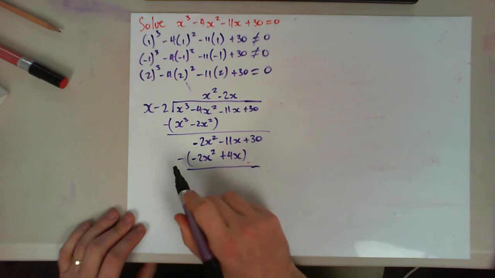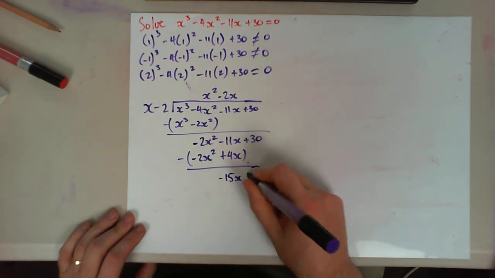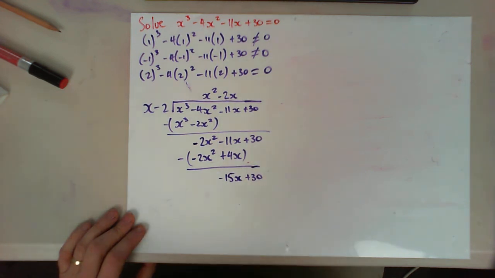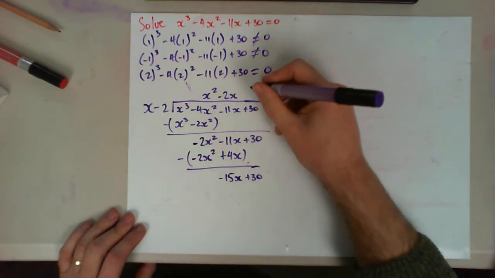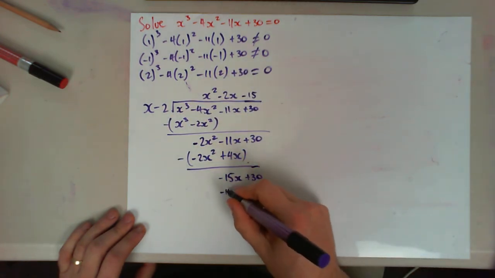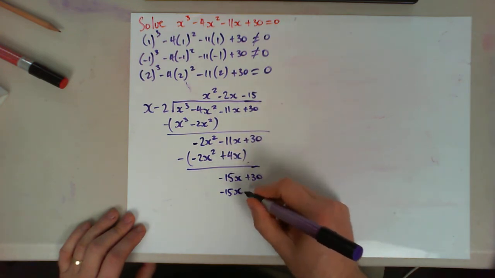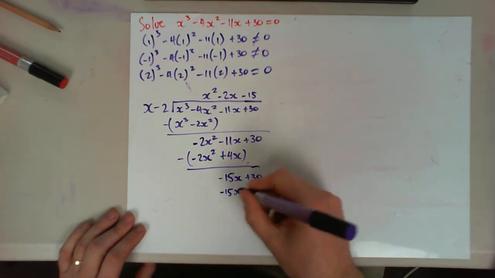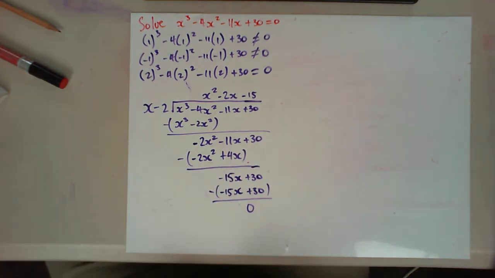Negative 11x take 4x will be negative 15x plus 30. We keep going. Divide this by x, leaves us with negative 15. Multiply back through, negative 15 times x is negative 15x. Negative 15 times negative 2 will give us positive 30, bracket, bracket, take it away. And of course, we do see that that's equal to 0.